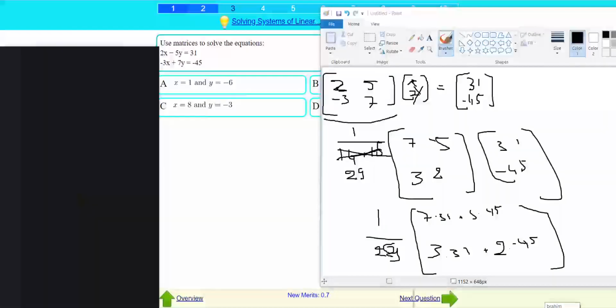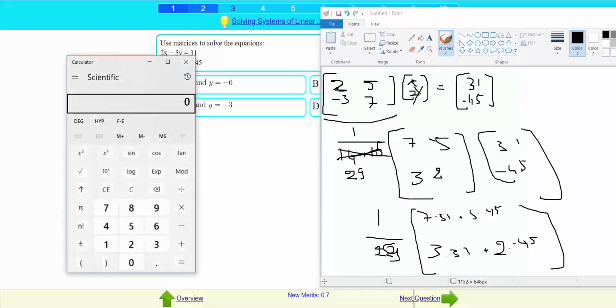We have a calculator. So according to the calculator, we've got 7 multiplied by 31 plus 5 multiplied by 45, it's 180. Okay, so what was this? Plus 180, that's like 397.